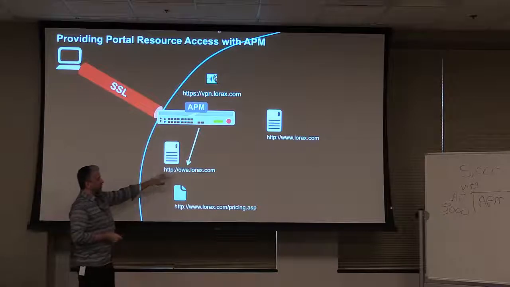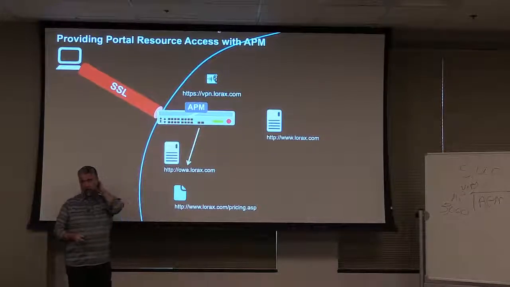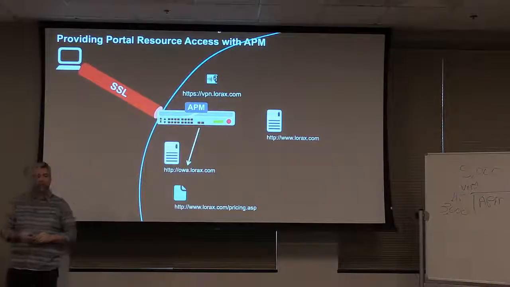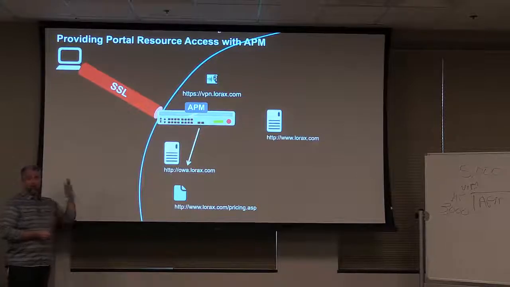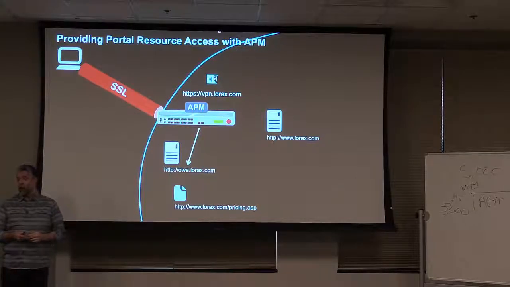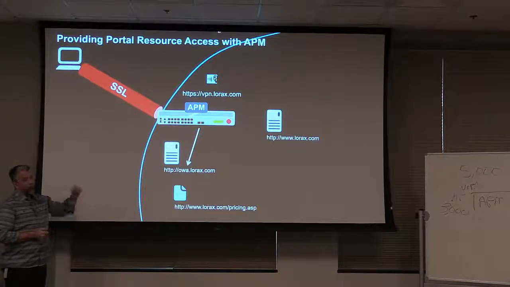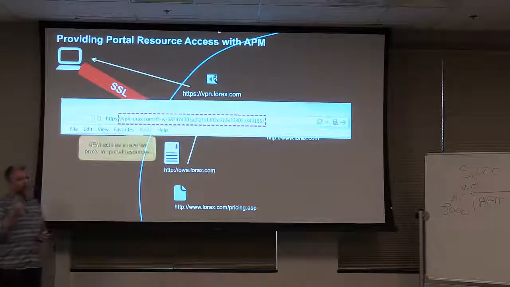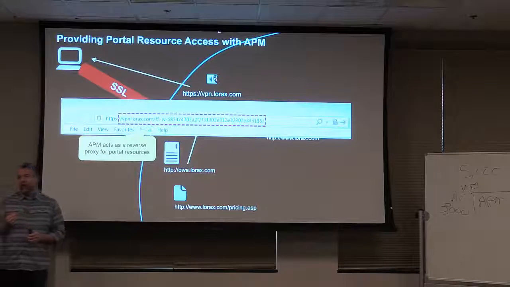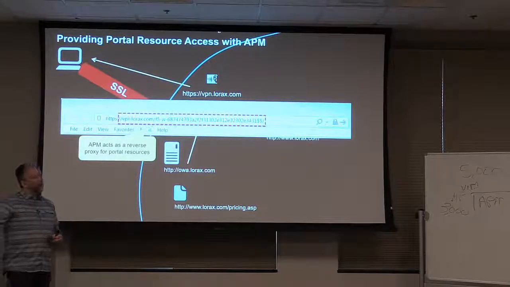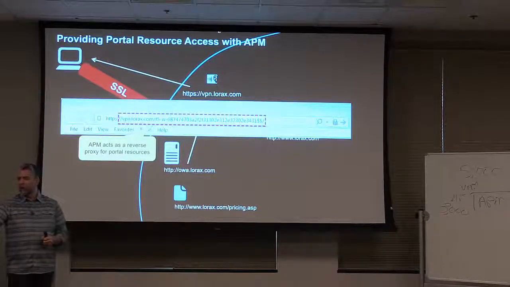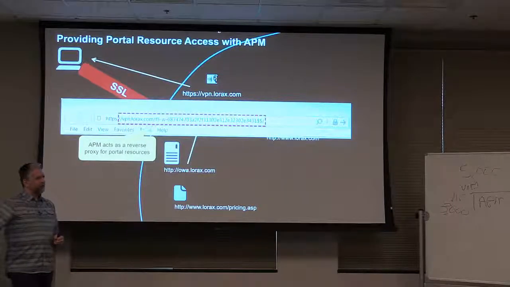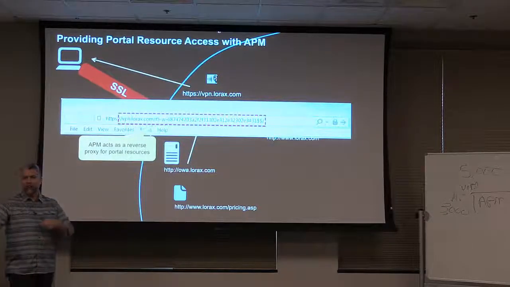And then in this case, the user wants to access oa.lorax.com. Notice the VPN is called vpn.lorax.com. With a portal resource, when they get their page of OA, if they're a savvy user, they could look at the URL and say, I'm not going to oa.lorax.com, I'm going to vpn.lorax.com with this really strange text after it.